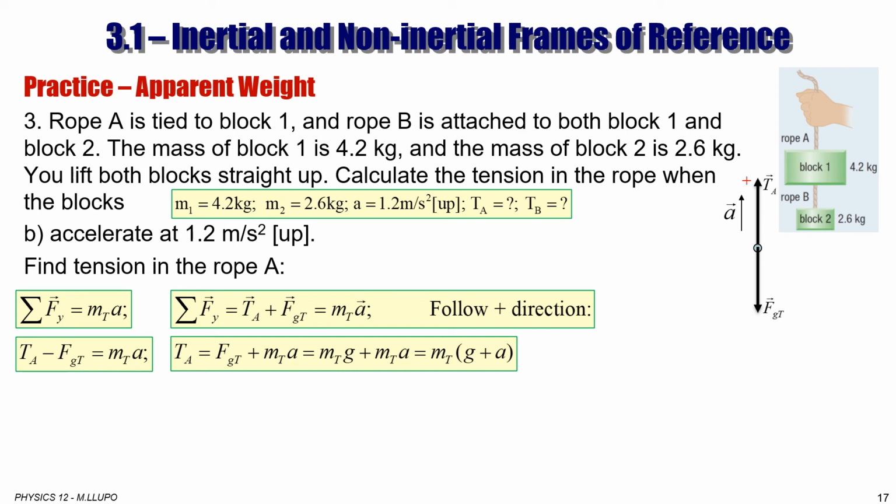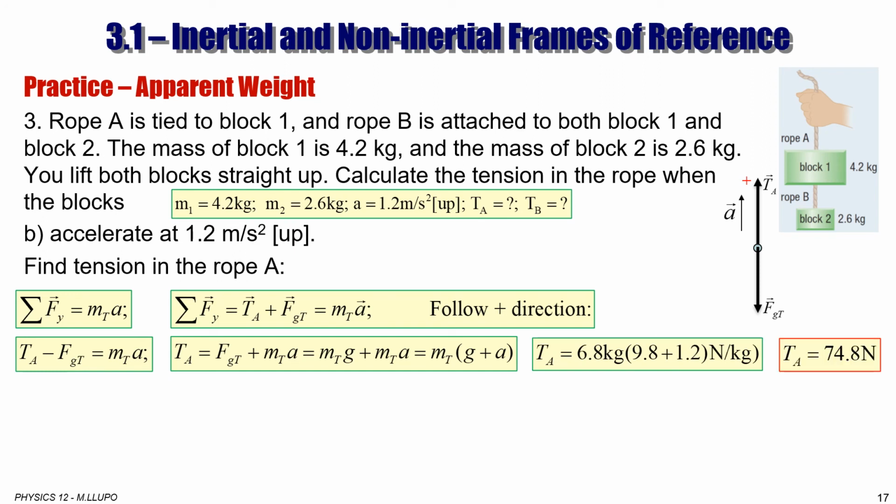So TA is equal Fg total plus m total a. We factor m total because Fg total is equal to m total g. So m total times g plus a. And then we are ready to plug those numbers, and we get 74.8.